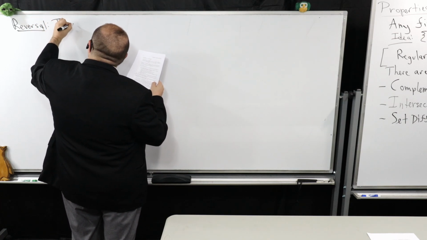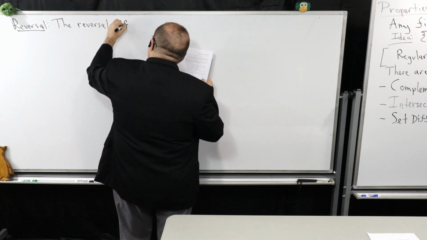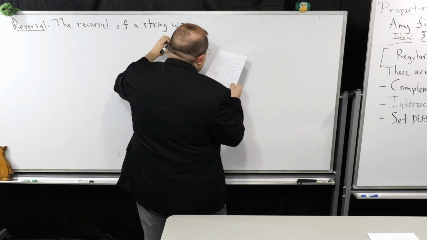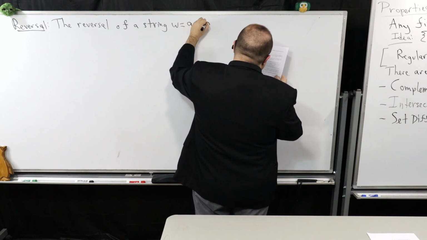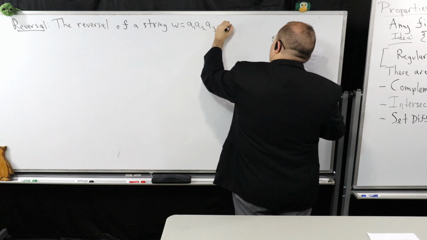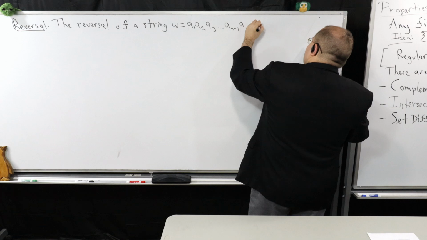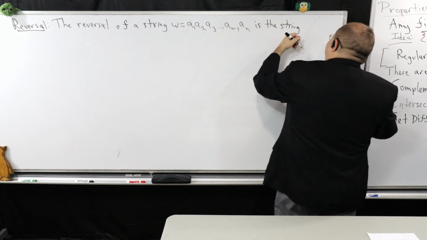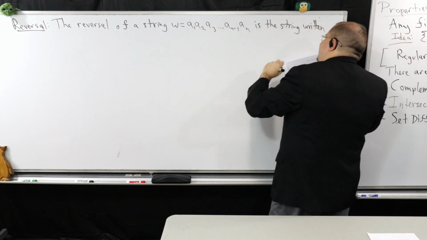The reversal of a string w, where I have symbols a1, a2, a3, all the way up to an minus 1, an, is the string written backwards.